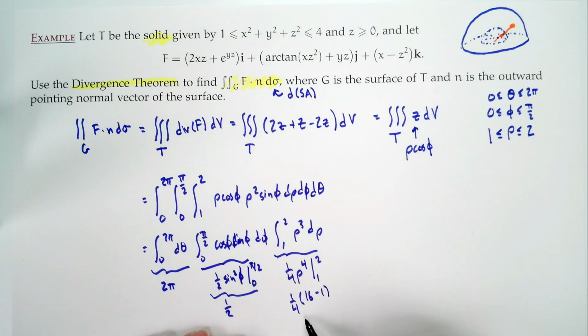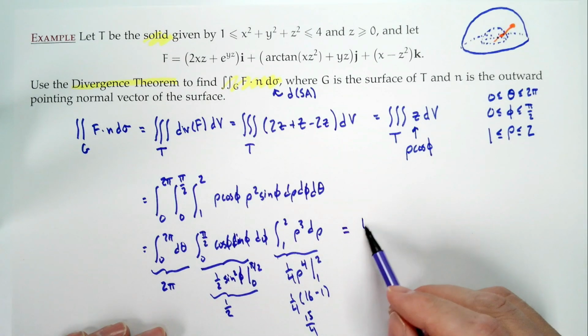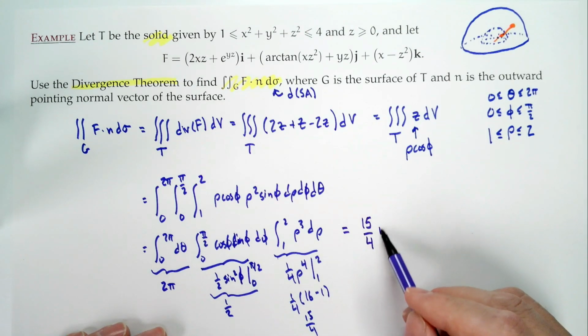Or if you like, 15/4. Okay, so what do we have? Well, the 2 pi and a half. Is it really a half? Yeah, that seems right. Okay, sorry, I shouldn't doubt. It's always good to check your work. 2 pi times a half is pi, times 15/4, so we end up with 15/4 pi.